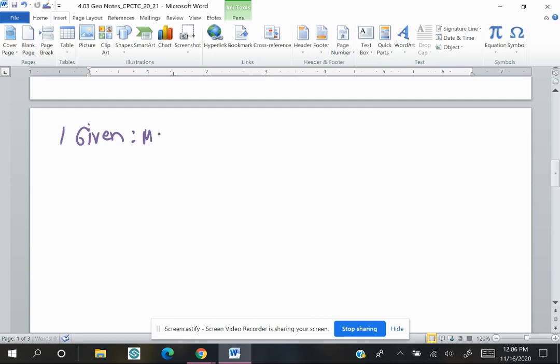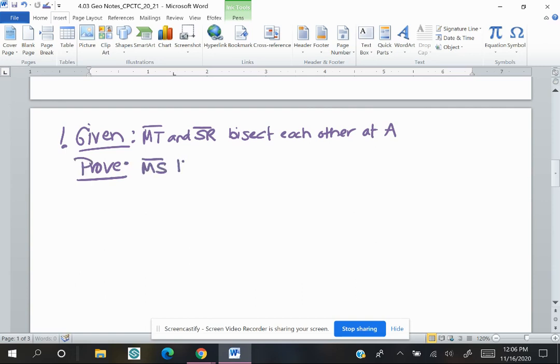It just sometimes doesn't write all the letters that I actually write, like the little piece of the T. So segment MR and segment SR bisect each other at A. So I apologize if anything gets erased and I don't see it. And we want to prove that segment MS is parallel to segment TR. And here's your picture.